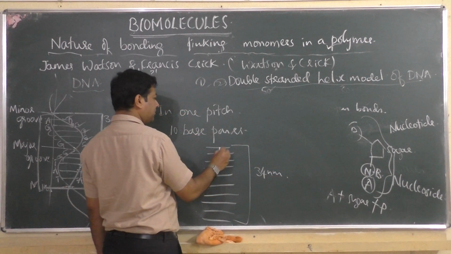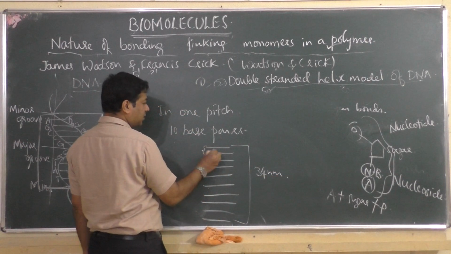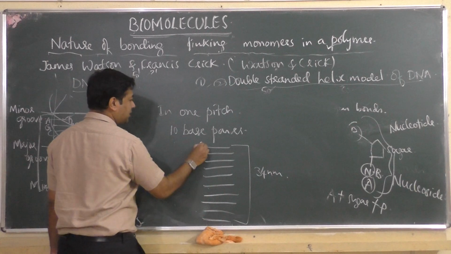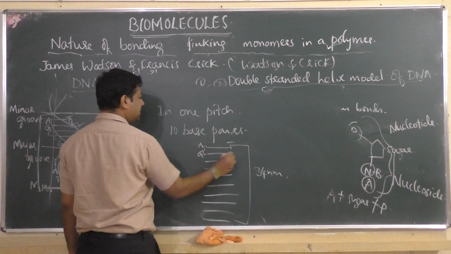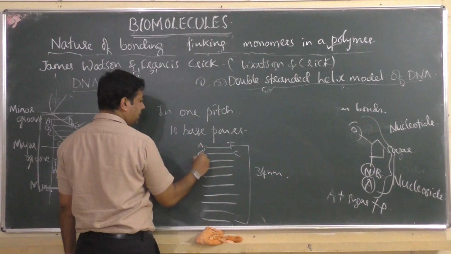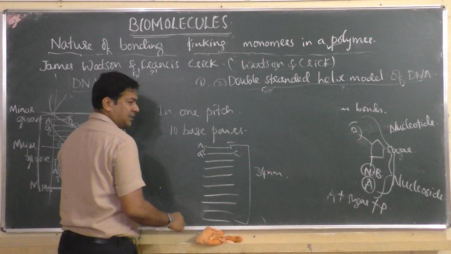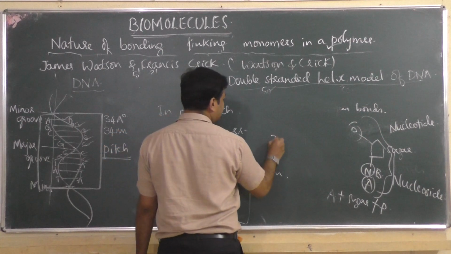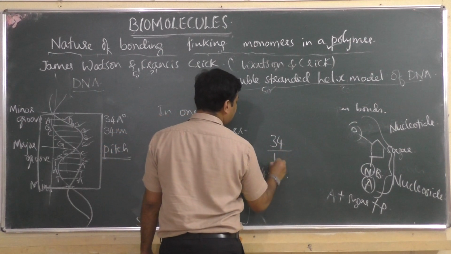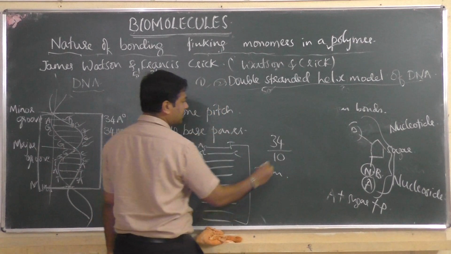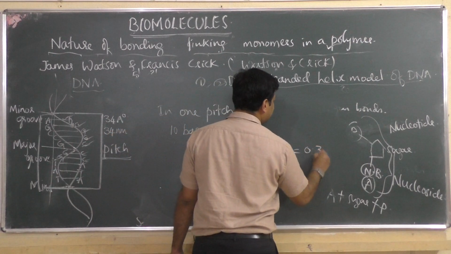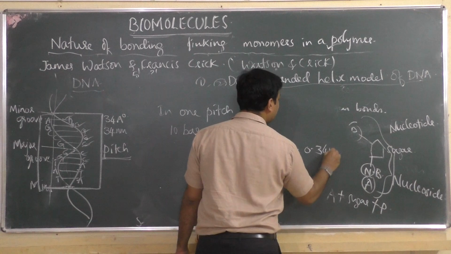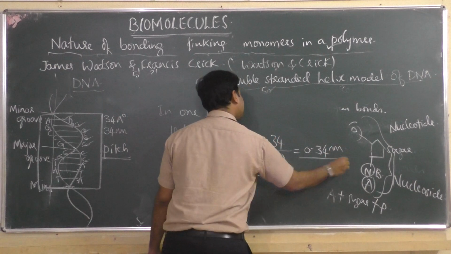Then what is the distance between consecutive base pairs? Suppose here it is A and T, this is G and C. Exactly between A and T and G and C, what is the distance? It is easy to calculate. The distance between consecutive base pairs is 34 divided by 10, because 10 base pairs are there. So you get 0.34 nanometer.